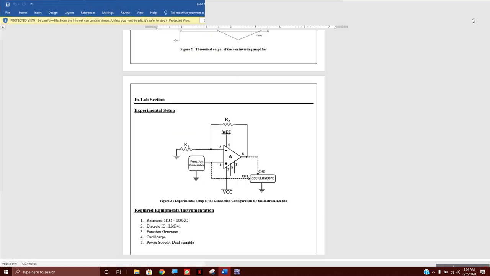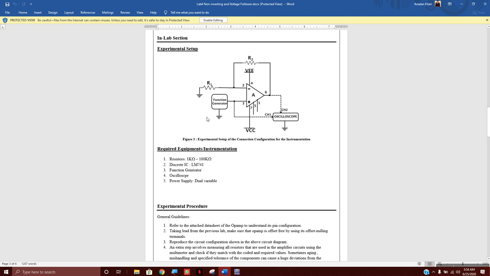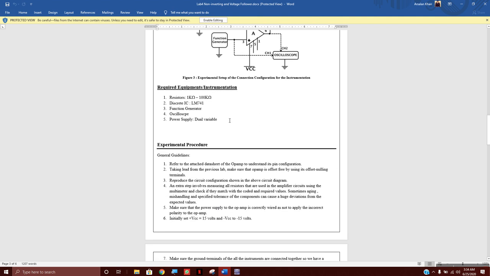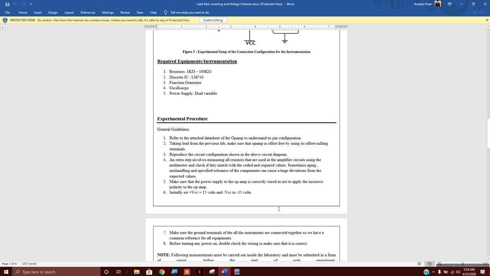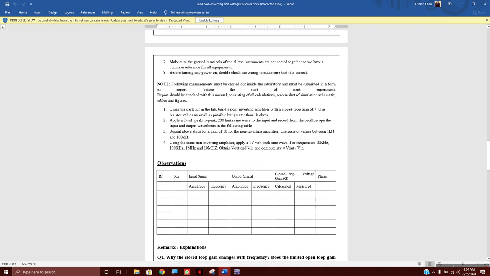Okay, voltage follower. Here again you have been given your instructions, your procedures. Please go through them. These are online procedures for you. How do you want to do your lab? And again you have been given some values: you have to build a non-inverting amplifier with a closed loop gain of 7.